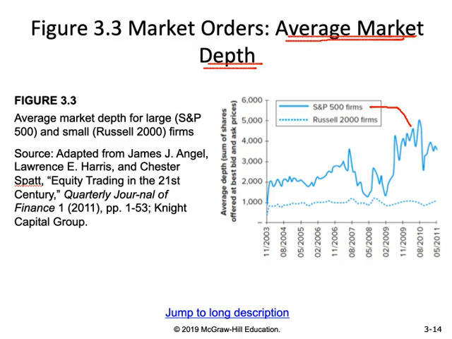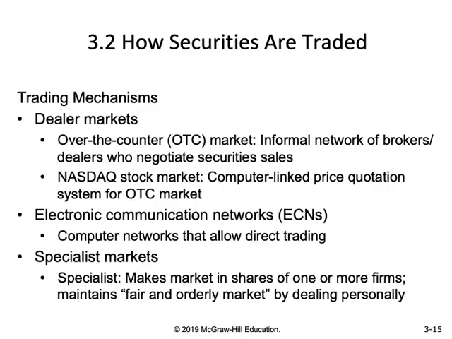And there's far more shares offered than on smaller companies down here. So you could say that the S&P 500 firms have much more liquidity. There are more shares available at good prices for purchase, and more shares available at attractive prices for sale if you have shares you want to sell. So it's large company stocks that have more liquidity, and that's a positive for investors.